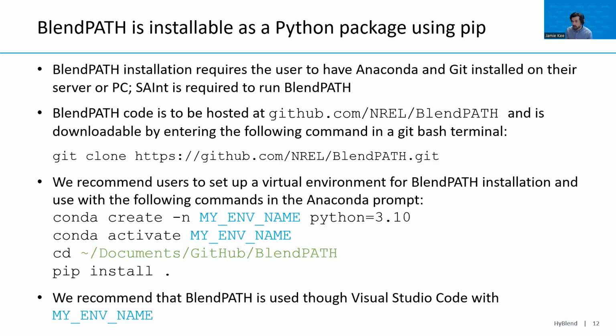If you clone them through GitHub, it's probably in the GitHub folder. However, if you download the source files, they may be in a separate location. Of course, check your own circumstances before proceeding with this step. And then finally, you can install it with pip install period. Check that you have the period at the very end, since this denotes that it is looking at the current directory.